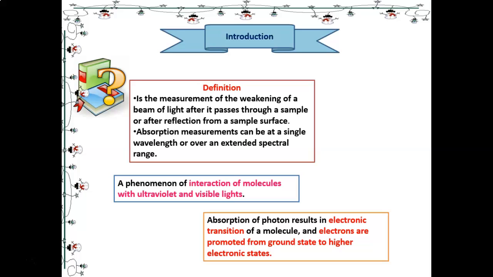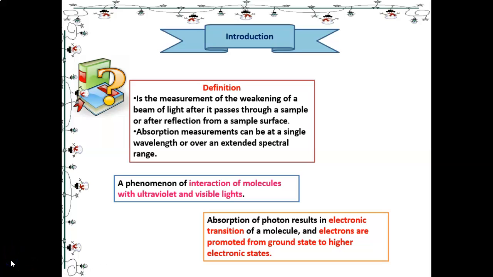It is a phenomenon of interaction of molecules with ultraviolet and visible light, and absorption of a photon results in electronic transition of a molecule, and electrons are promoted from the ground state to a higher electronic state.